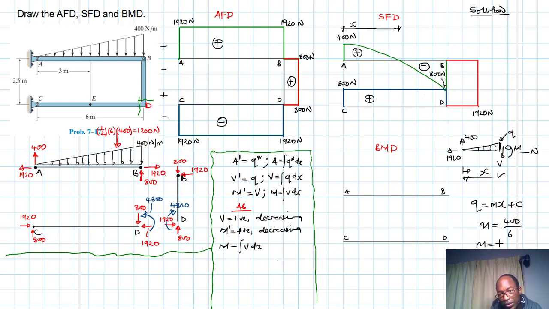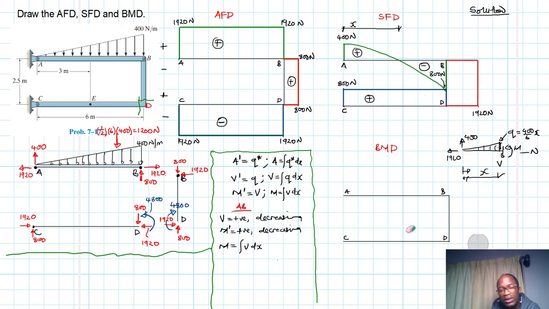Our m is equal to 66.6667, so we can write it as 400 over 6 by x. The intercept is equal to 0 because A is assumed to be our origin. So this is one way you can do that.